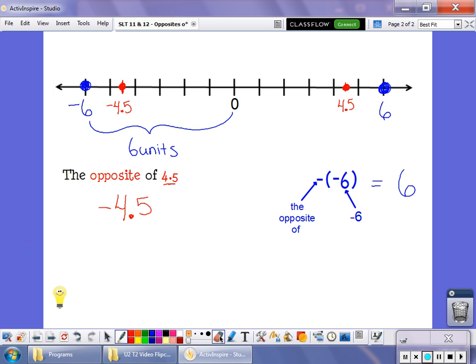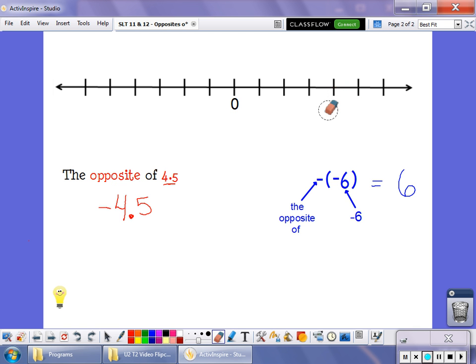All right, one last little tricky situation I want to think about, and I'm actually going to clean up our number line for this one. Look at this. What is the opposite of negative 2? Well, the first thing we want to do is start at negative 2. So 1, 2. So here is negative 2.